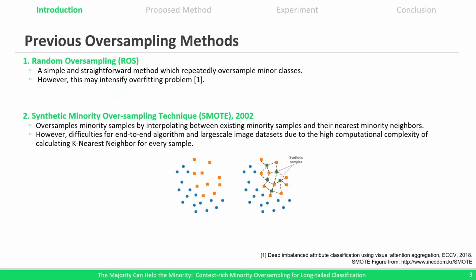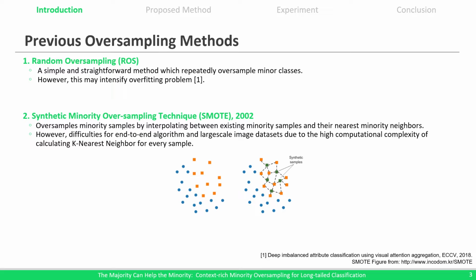One important direction to overcome the class imbalance problem is to oversample the minority classes. Commonly used methods are random oversampling and the synthetic minority oversampling technique called SMOTE.